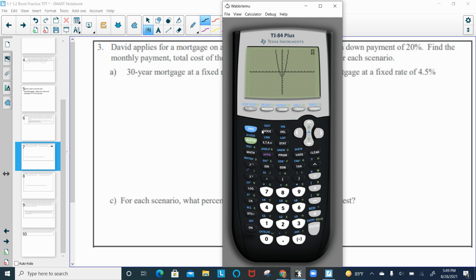If we take $80,000 and figure out what 20% down is, that's $16,000. So he's going to put $16,000 down. I'm sure you can do the subtraction, but I'm going to do it here.